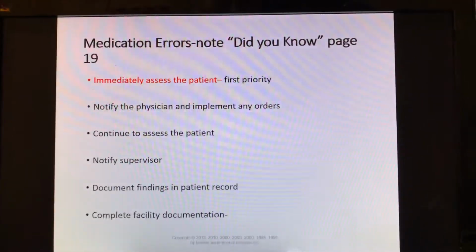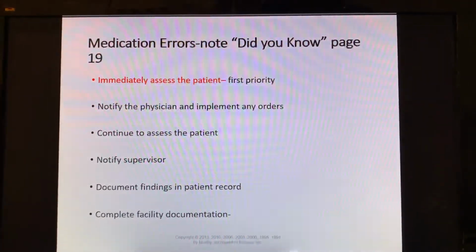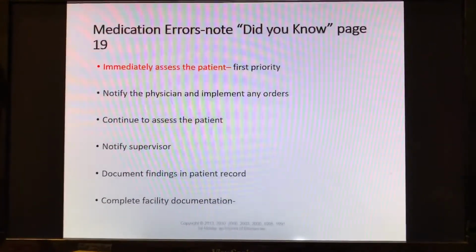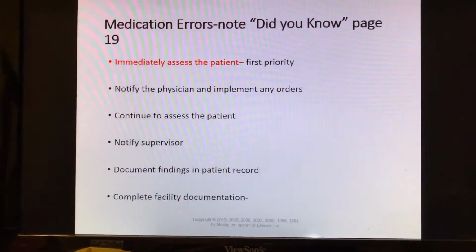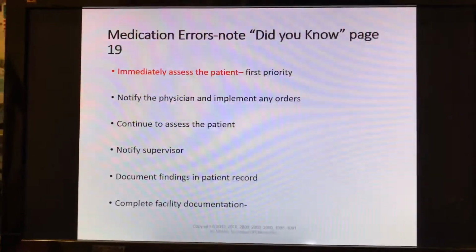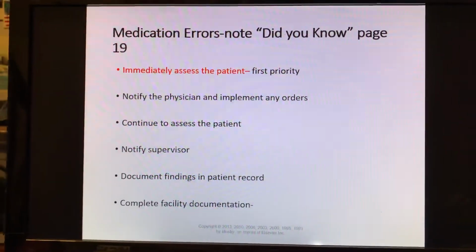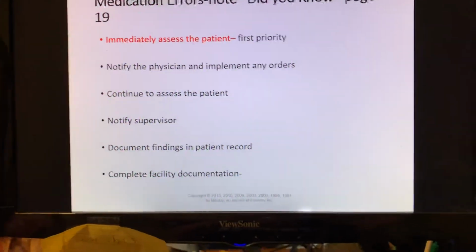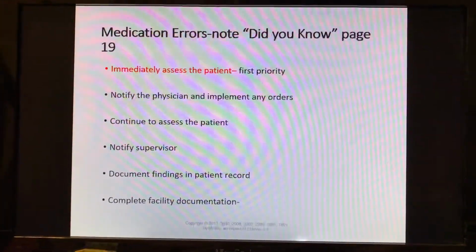You're going to keep your language extremely basic and non-committal. You're not going to write in personal language. You're not going to write something like, oh, I made a mistake, I overdosed this patient. You just write what happened, just the facts.